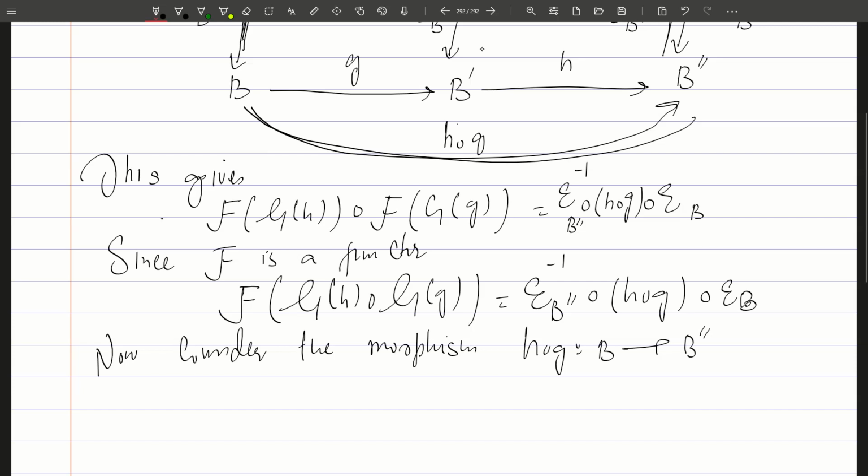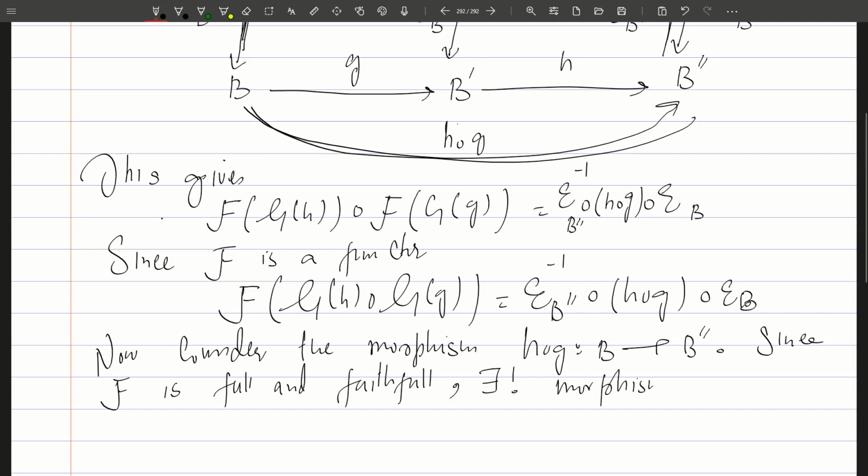Since this functor F is full and faithful, for this morphism h composite g there exists a unique morphism, which is G of h composite g.